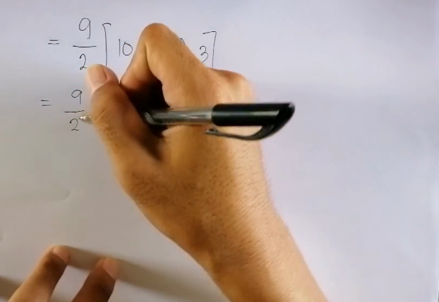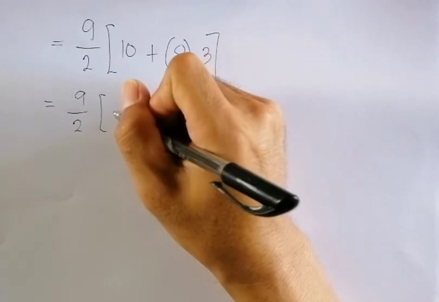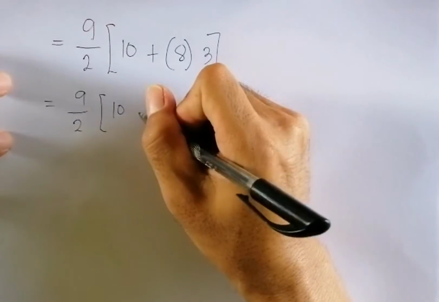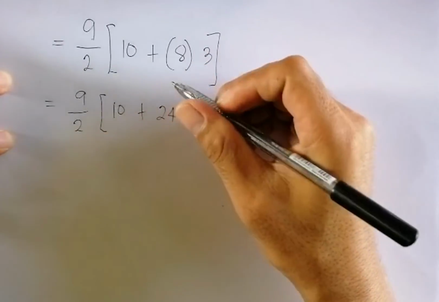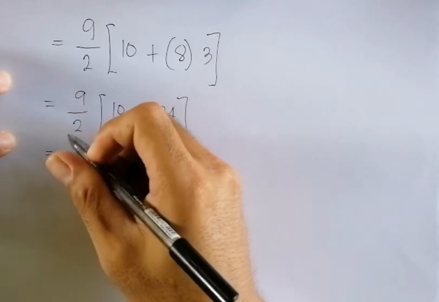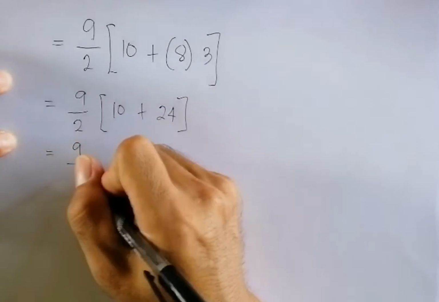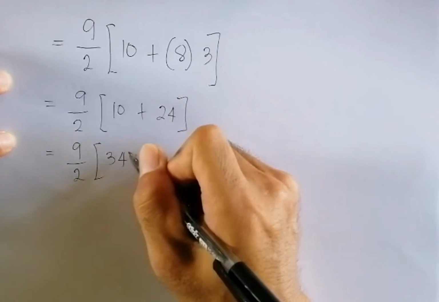Nine over 2, then simplify the numbers inside the bracket. We have 10 plus 8 times 3, which is equal to 24. Equals 9 over 2 times 10 plus 24, which is equal to 34.